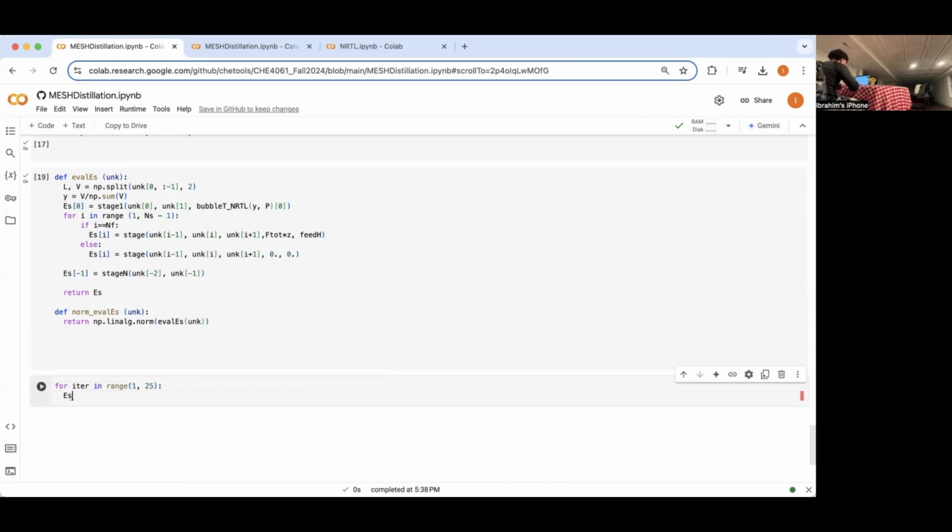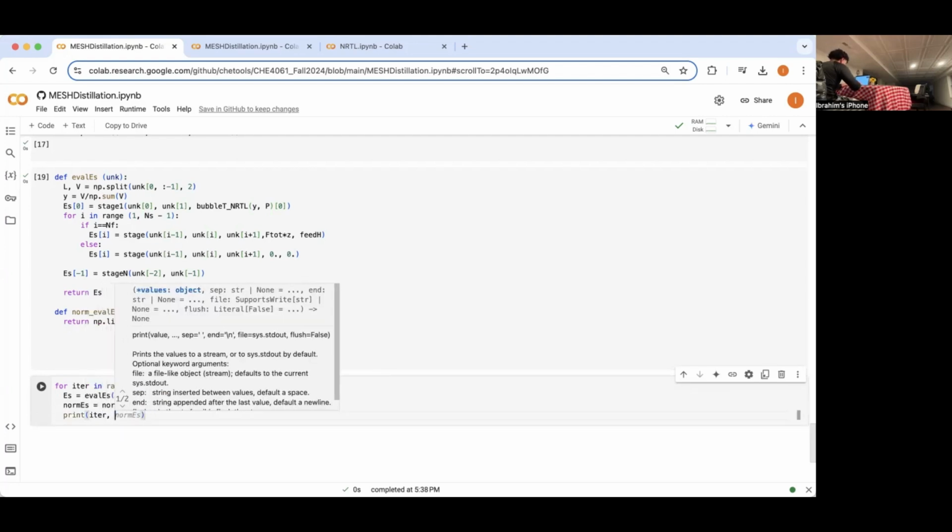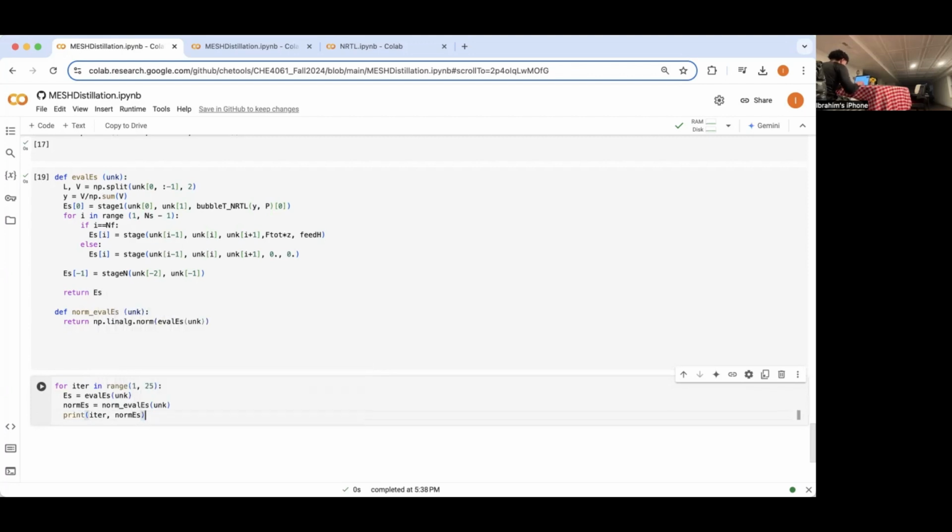We're going to be saying our ESs are going to be evaluated for our unknowns. Okay. And then we're going to go ahead and essentially normalize our residuals. So norm ES equals norm underscore evaluate ES underscore unknown. And we're also going to want to print these iterations and normalized residuals. So iter and norm ES.